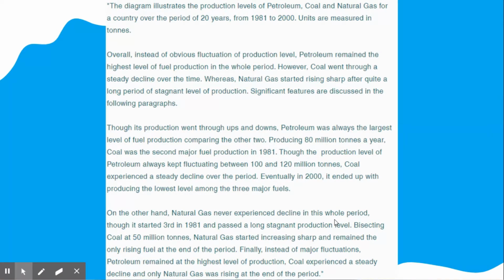As you can see, whereas, blah, blah, blah. Whereas is showing a contrast, yeah? So something different there. And the last sentence that we have to pay attention to, significant features are discussed in the following paragraphs. That's an important sentence because it shows you how the writing will continue, how you will discuss the rest in the next 2 paragraphs.